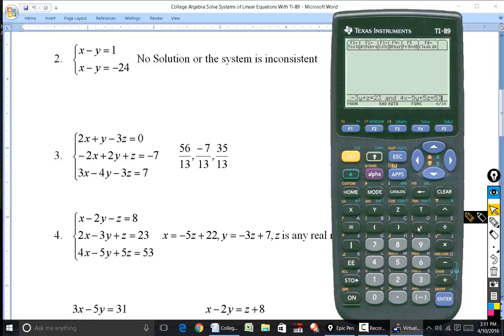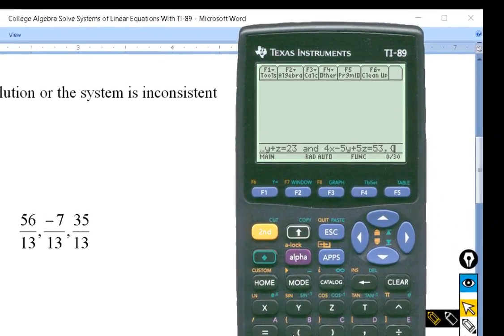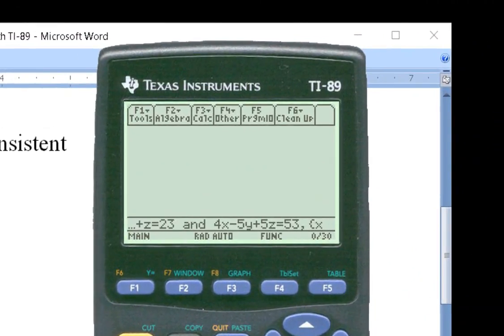So second, there's the first one, and then into the variables, x, comma, y, comma, z. And follow with the braces, so second, over here, and then parentheses, hit enter.